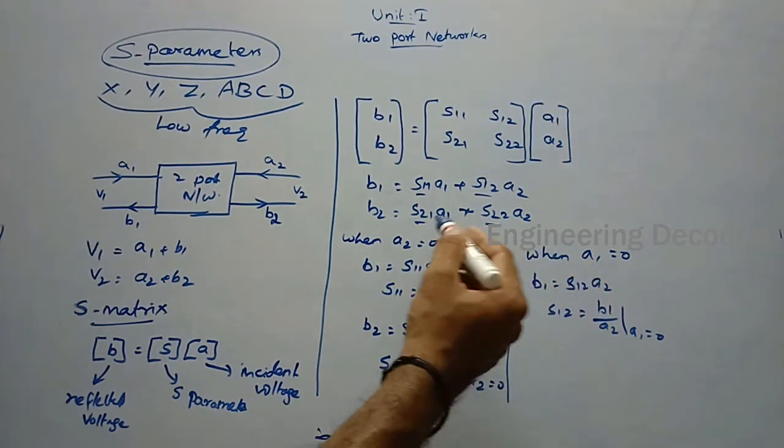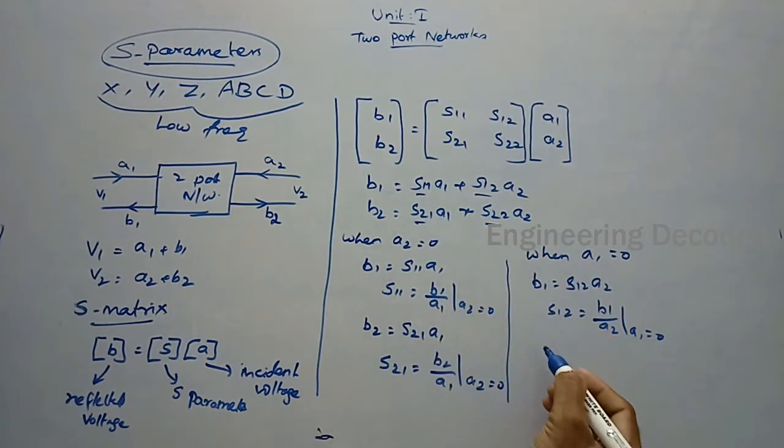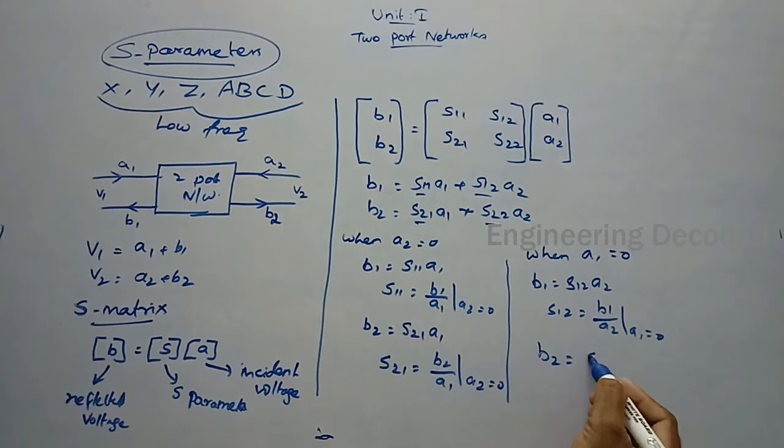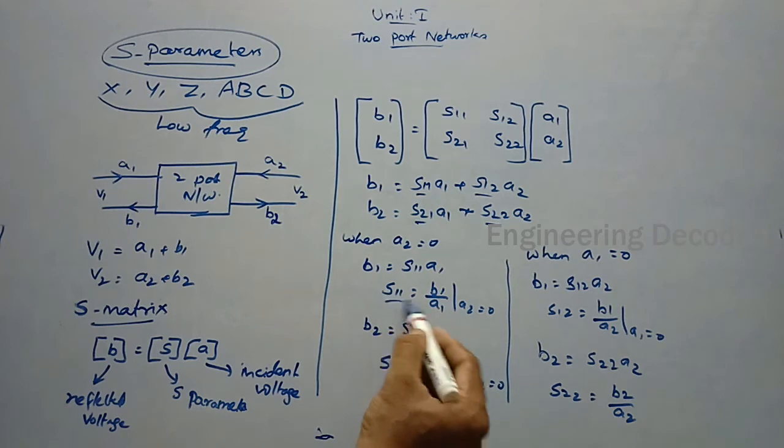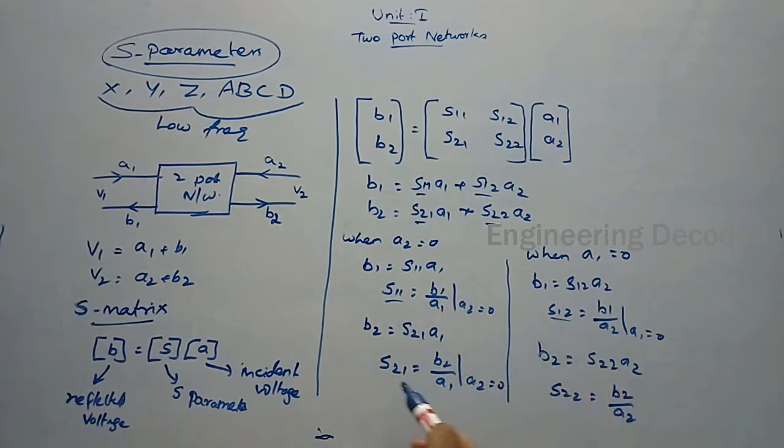Similarly, you can apply the same condition here. So you will get B2 is equal to S22 into A2. So S22 is equal to B2 by A2. So we have found out the scattering parameters S11, S12, S21 and S22.